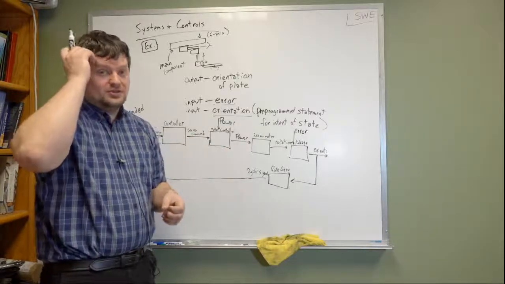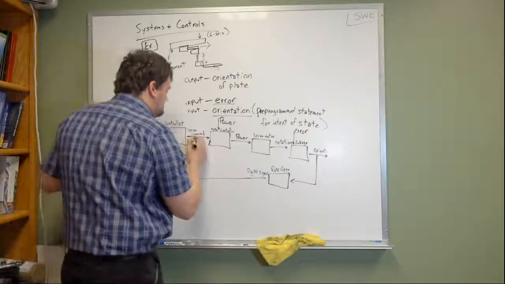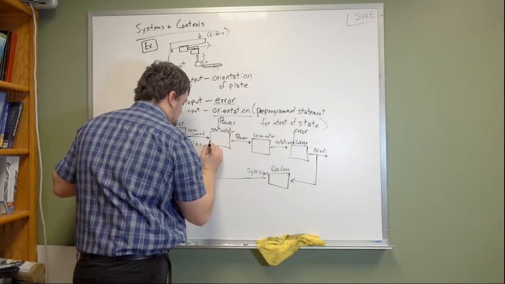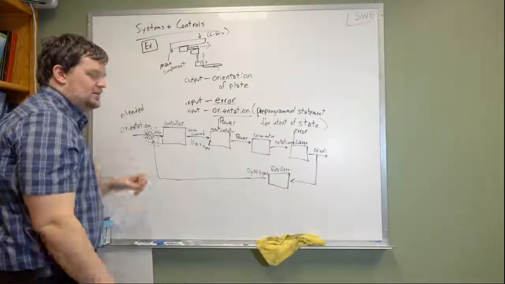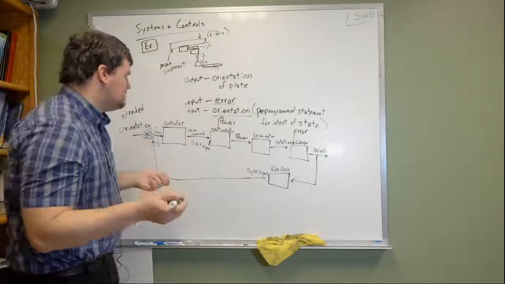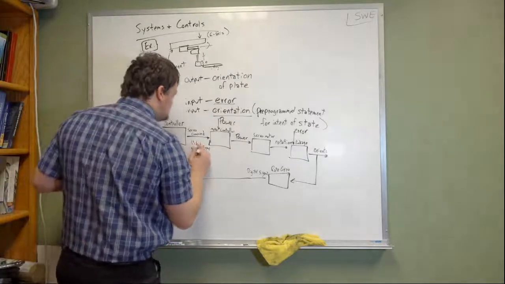For example, let's say this servo command is a 12-bit signal. Okay, a 12-bit signal. Let's say it's at 5 volts.